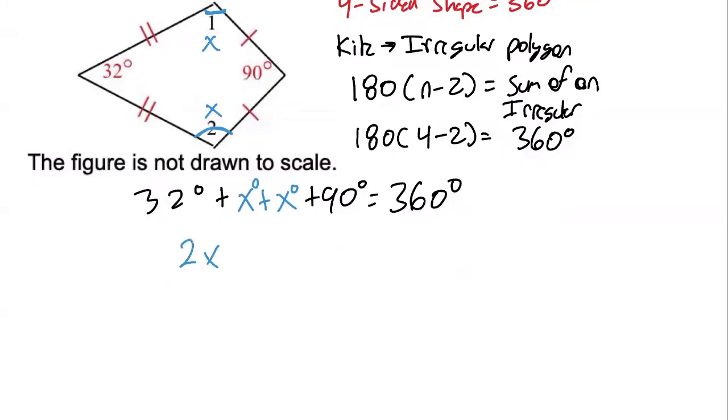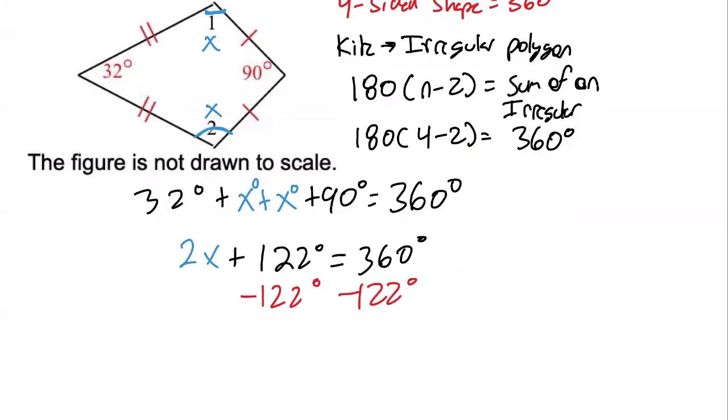2x plus 122. Subtract 122. 2x is equal to, what is that, 360 minus 122, 238. Is that what you guys got?